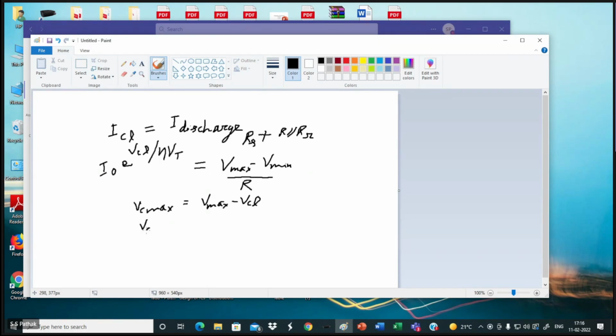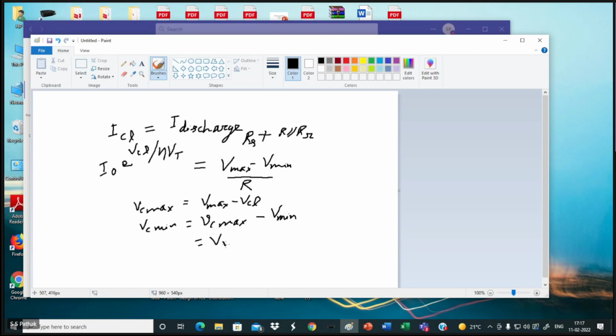What is my VC min? VC max minus, when the V min is appearing, it will be dropping by that. So it is your V min, not VC min. Okay? So VC min is your VC max, and what is VC max?